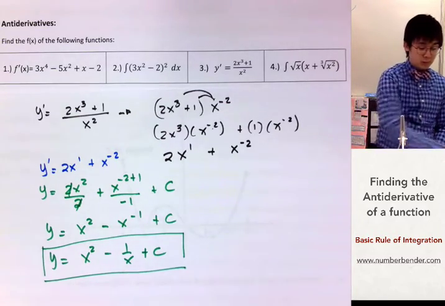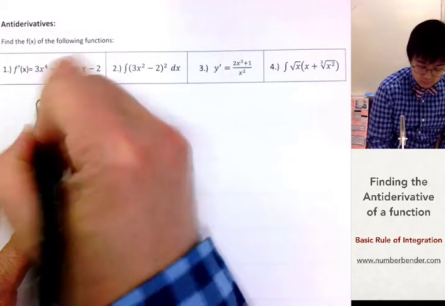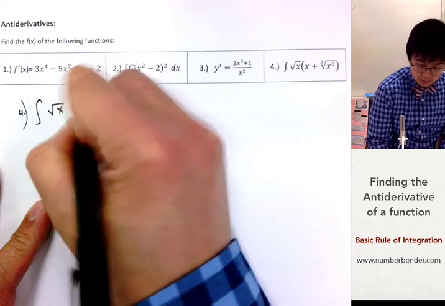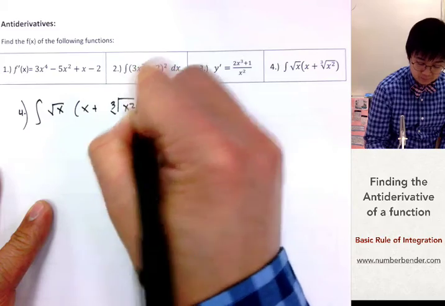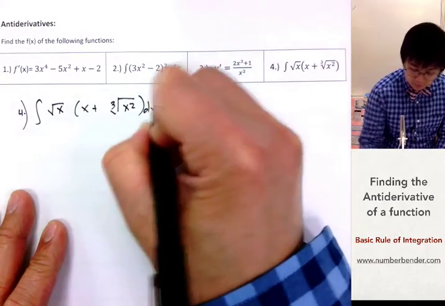And for the last problem, we'll have the integral of square root of x times (x plus the cube root of x squared). There's supposed to be a dx over here.